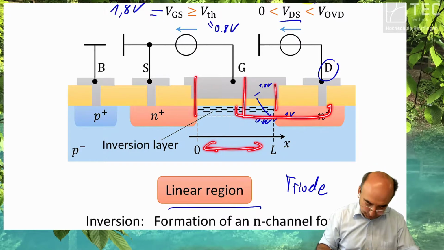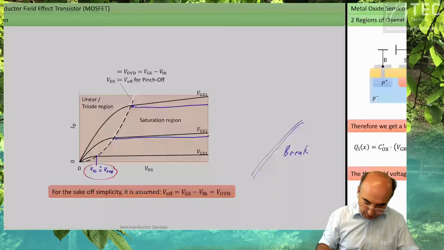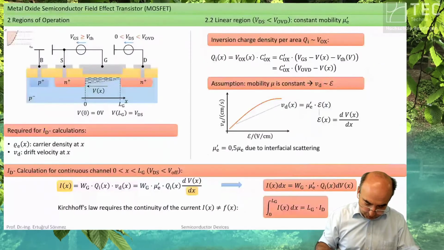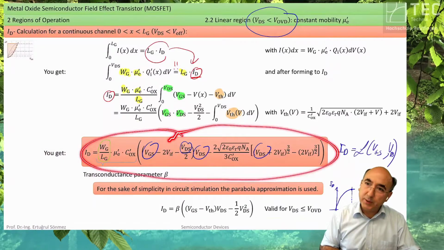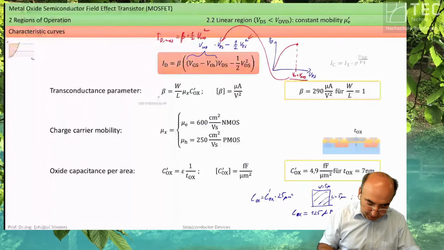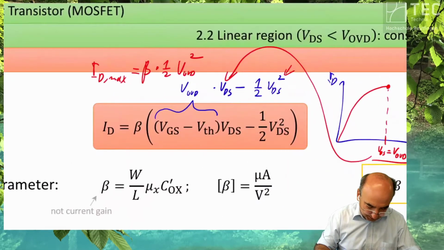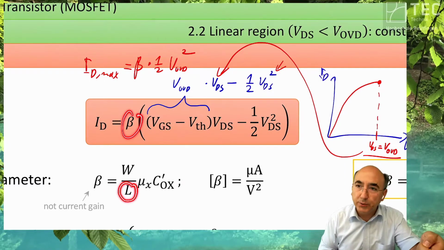What happens? We have learned that the large equation says something, and the simplified equation says a similar thing: beta is increased if you reduce the length.